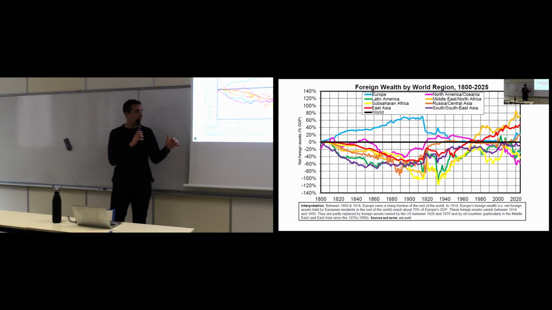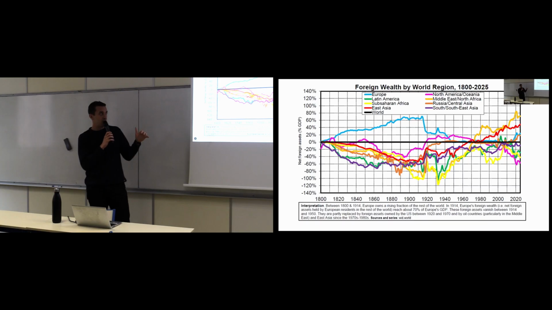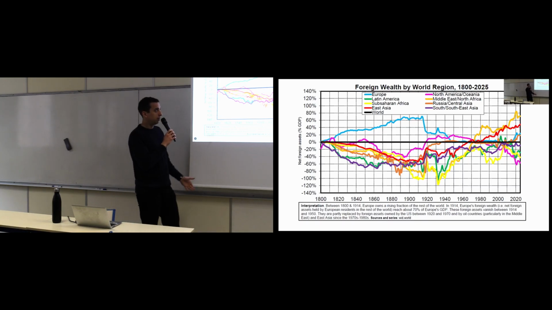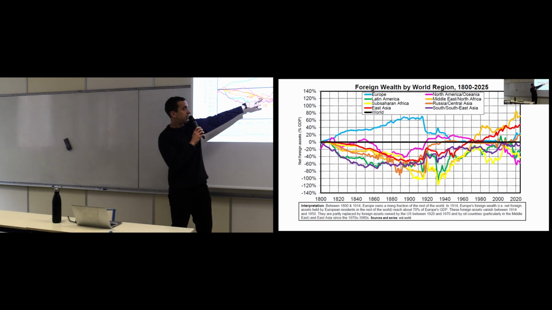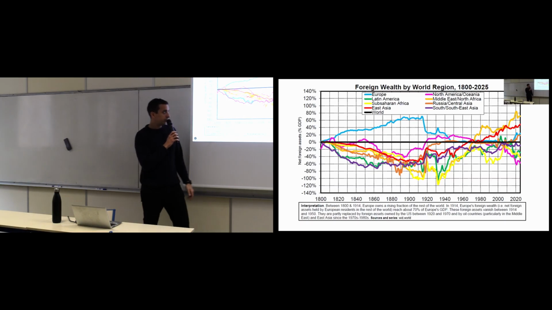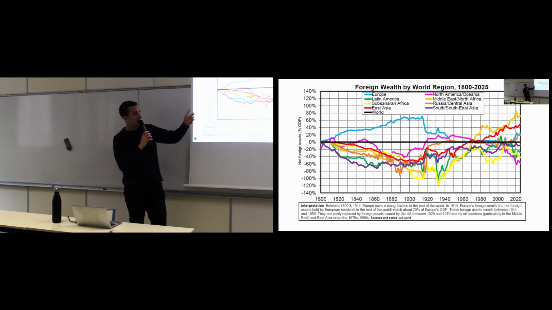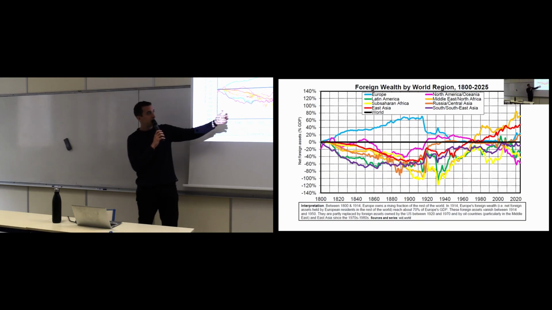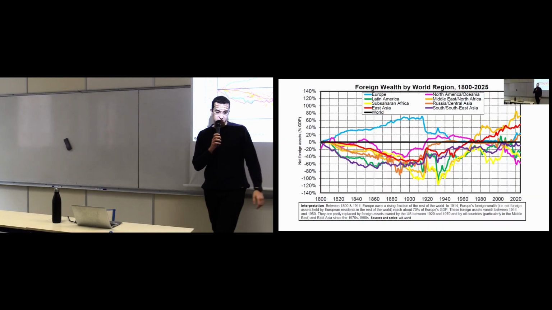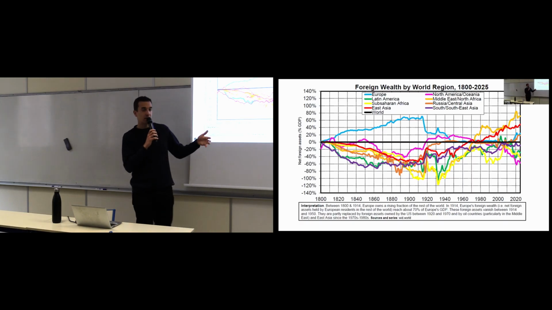They quickly lose their foreign wealth in between the wars. They basically spend it all fighting each other, and they get indebted and so on. We see North America, Oceania, which is mainly the US region, rising in between the wars and becoming the hegemon, but it quickly falls after the 70s, and is in a position where today it is quite indebted, and this is what is actually creating all the Trump obsession with trade deficits and so on.